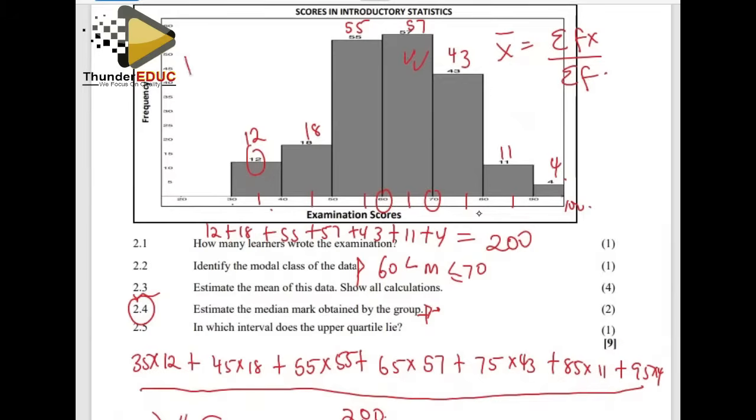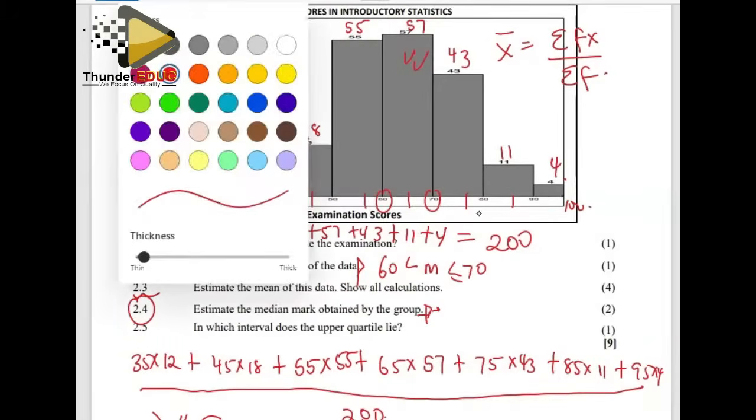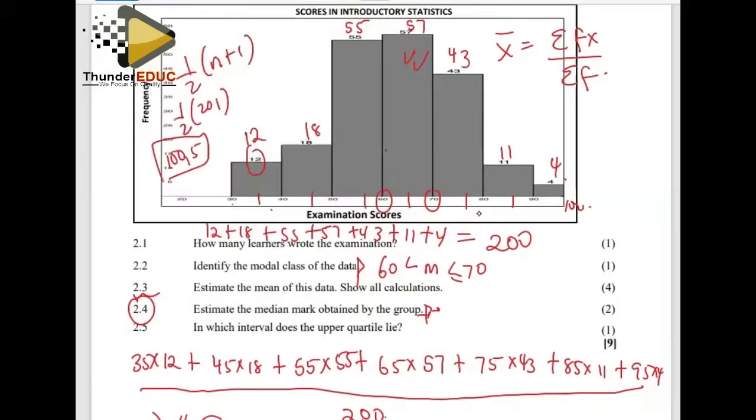Alternatively, somebody could say a half of n plus 1, which is a half of 201, which will give you 100,5. So the question is, where do we find 100,5 if we are to add up these frequencies? So 12 and 18 gives us 30, okay?